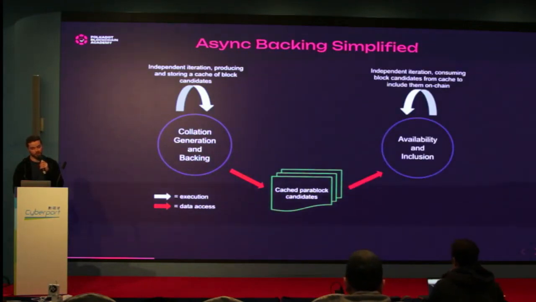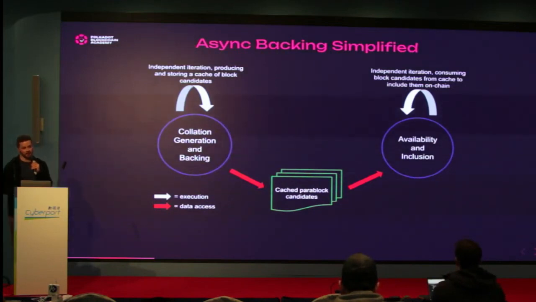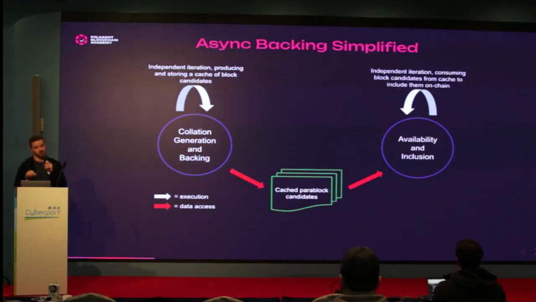So we're going to read those cached items in order to, say, back a candidate later on chain, and this is effectively decoupling the collation generation and backing step from the availability and inclusion step. Like we can build up a stockpile of these candidates, and we are pushing candidates to that stockpile from the collation generation and backing process, then pulling them from our stockpile for the availability and inclusion process.